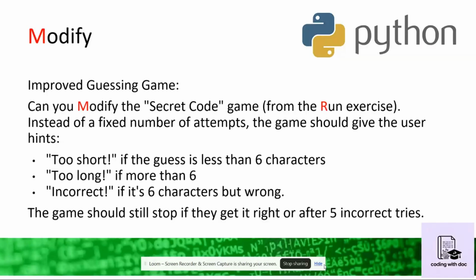Now you can see that while I'm doing a modify the secret code, it's almost like you're guessing the code. In reality, this is the sort of code that's behind most password systems at a very basic level. So I'm just trying to get you to grapple with that and solve that, and I'll run through the answer in a moment or two.